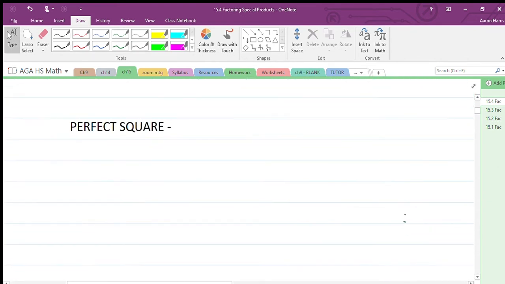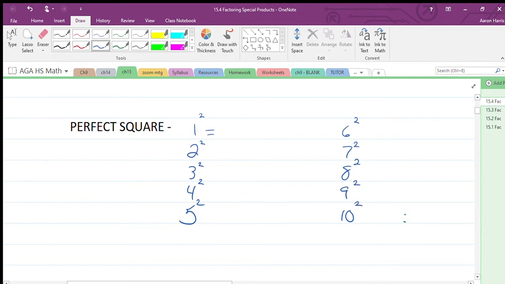Now, perfect square. Let's really delve in. This is what you need to be able to see. If I take the numbers, just simple, 1, 2, 3, 4, 5, 6, 7, 8, 9, and 10, and I square them, something very simple, you will notice that you will get a number that we will call perfect.